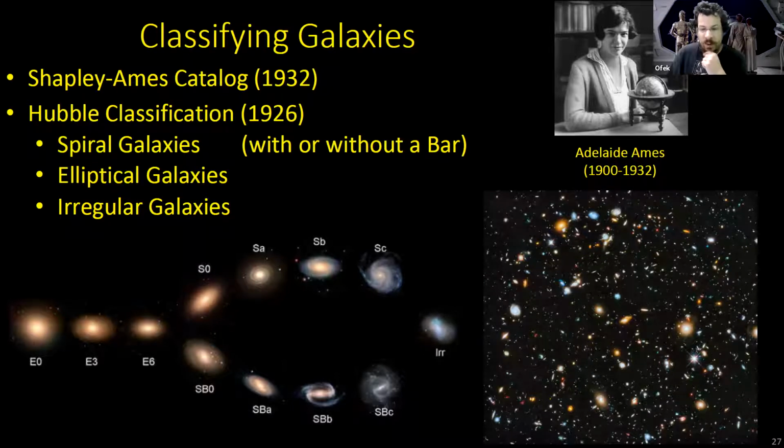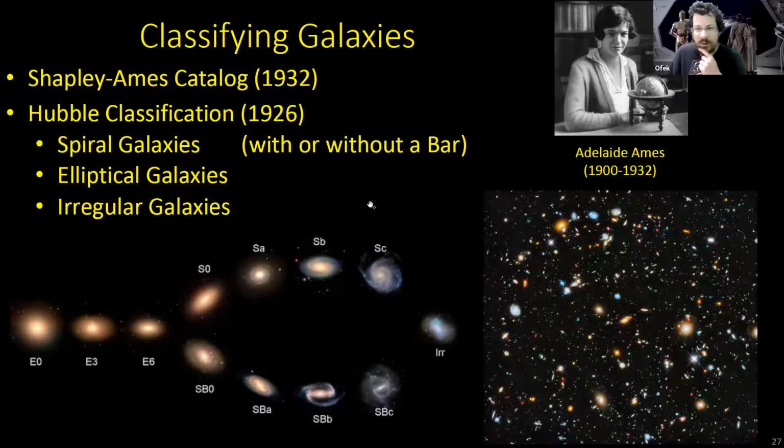And the spirals as well have the classification of 0, A, B, and C based on the clarity and complexity of the spiral arms, with the possible B indicating a bar in the middle. At the end, we have irregular galaxies. Those also exist, galaxies whose shape doesn't fall neatly into any other category.